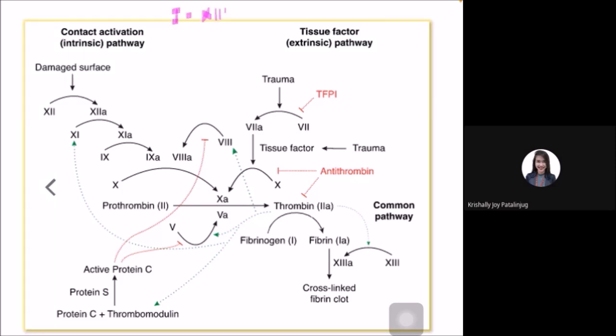Okay, nga clotting factors present dito sa pathway na to. Kasi nga, they help one another para ma-achieve yung ultimate goal na coagulation cascade. And again, the ultimate goal is to form fibrin. Diba? To produce fibrin.